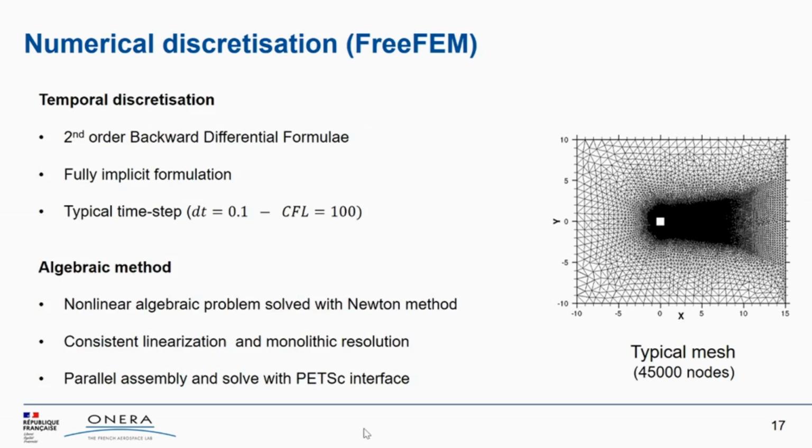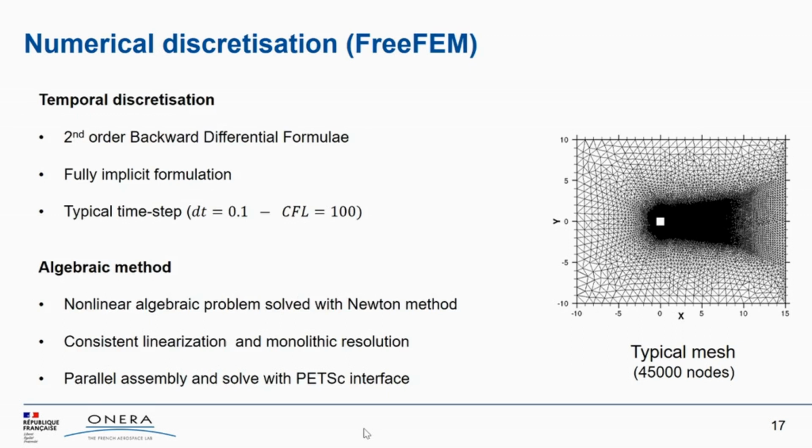The temporal discretization is second order, and we use a fully implicit formulation that allows to have large time steps. But to have these large time steps, we need to solve a nonlinear algebraic problem at each temporal iteration. And this is done with a Newton method. In this Newton method, the linearization of the equation is consistent, meaning that we linearize Navier-Stokes, Spalart-Allmaras, as well as the SUPG term.